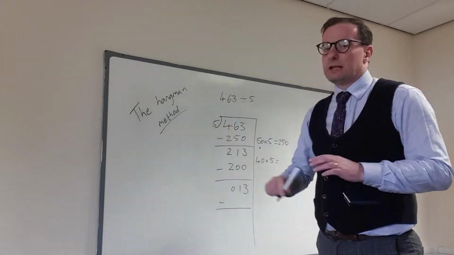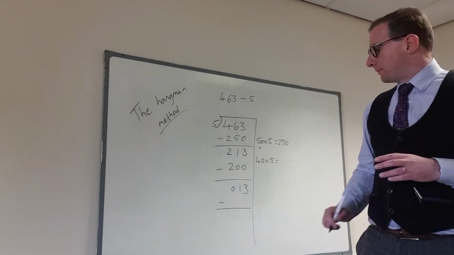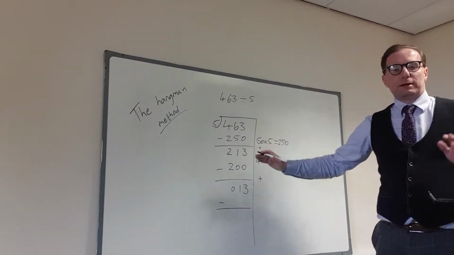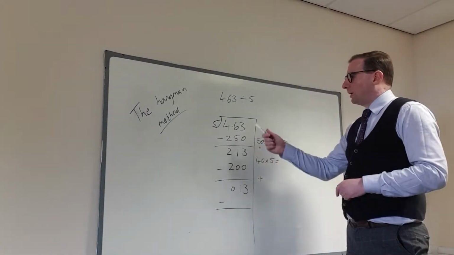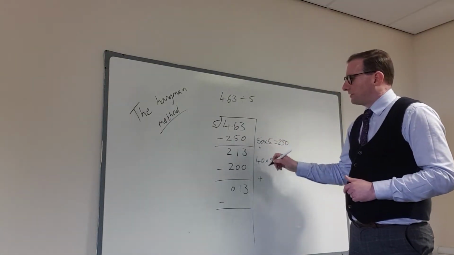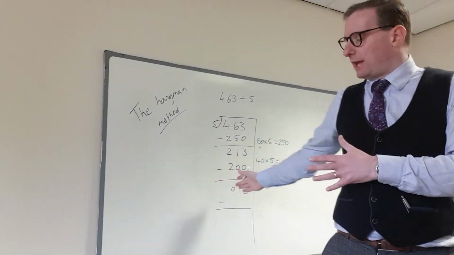So now we need to look at that again. We need to look at how many times, and you can break this down as many times as you like. So you could say, I know it goes in at least 10 times, you do 10 times 5, then you can do another 10 times 5, another 10 times 5, and I'll show you how this all comes together at the end.